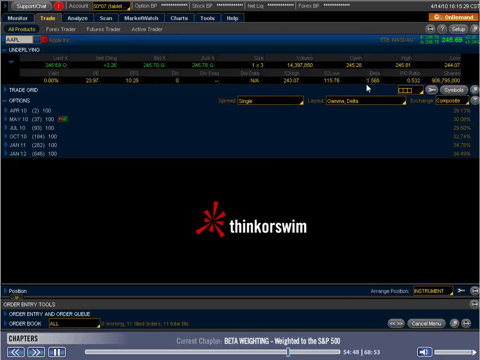Let's close up the options. The beta here in Apple is 1.566. What that simply means is this: if the S&P 500 has a beta of 1, then, very simply put, when the S&P 500 moves up or down by 1%, Apple typically moves 1.5%. And Apple typically moves with the S&P 500.